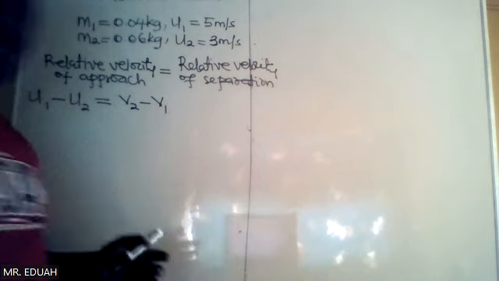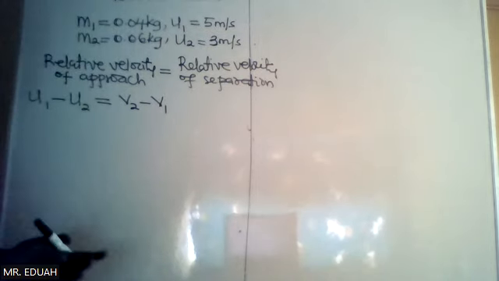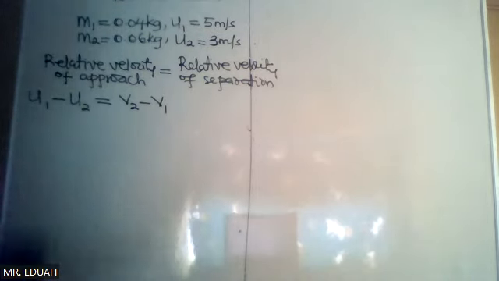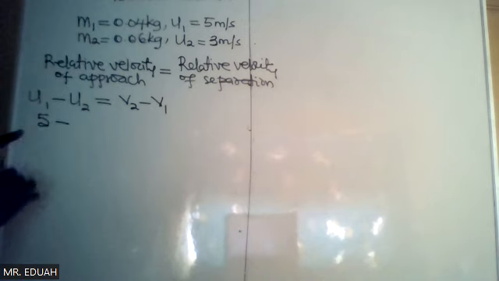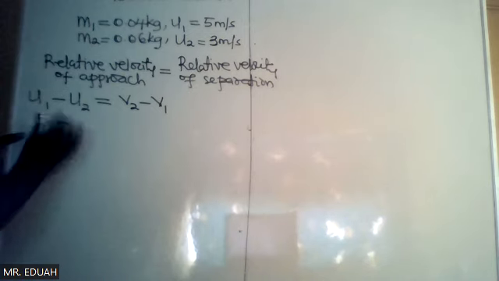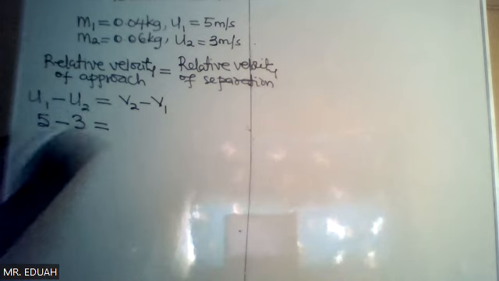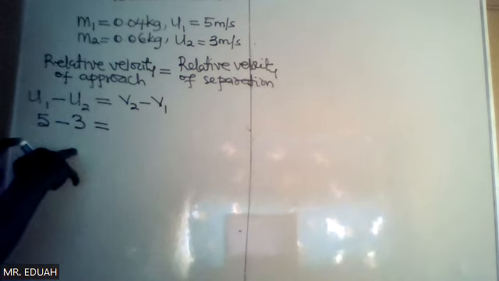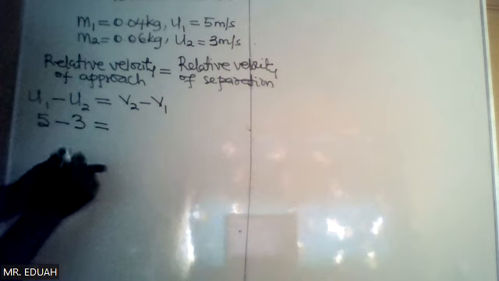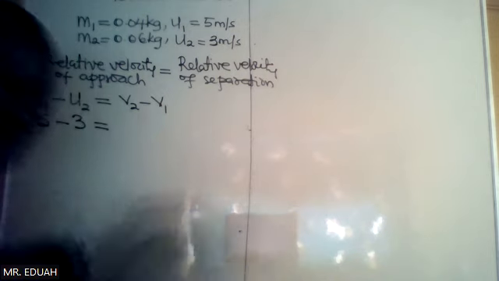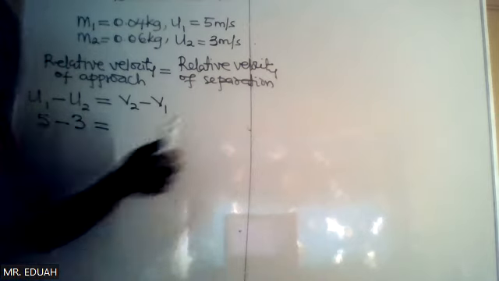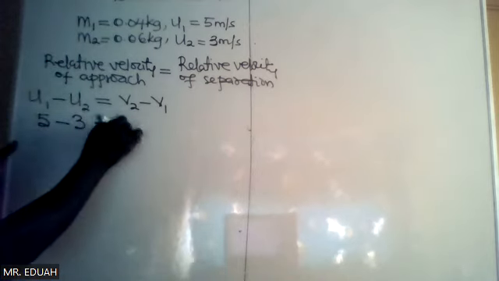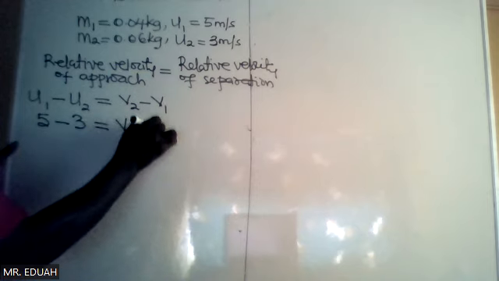How lengthy will the time be if you are to use this approach? But let's look at this one. U1 is 5. U2 is 3. And this formula was derived for when the two masses are moving in the same direction. When we finish, we'll look at how to apply it when they are moving oppositely. V2 minus V1.